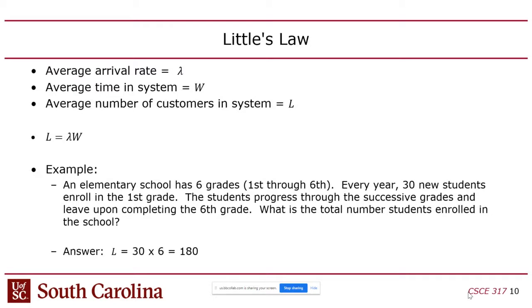I talked about Little's law, a very simple law that says L equals lambda W, where L is the average number of customers in the system, lambda is the arrival rate, and W is the average time in the system. Notice that we have an arrival rate here, but we don't have a service rate. Well, what's up with that?